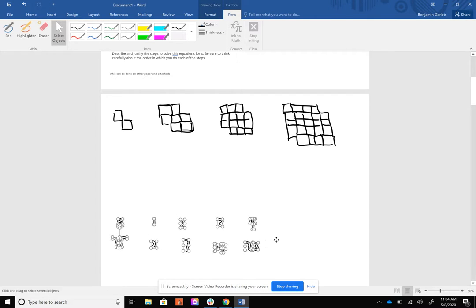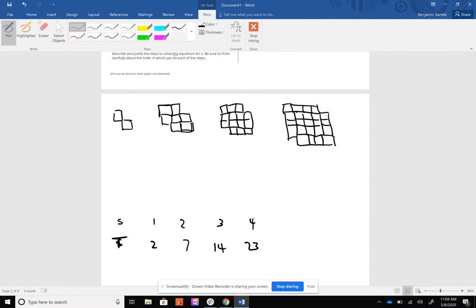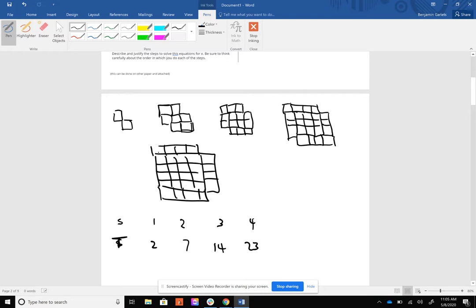And then I'm going to draw step 5. So if I draw step 5, I'm going to have that 4 by 4 in the middle. I'm going to have the wings, each with 4. And then I've got the ends.